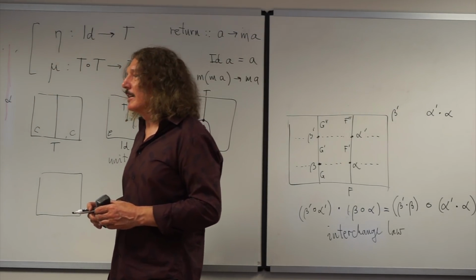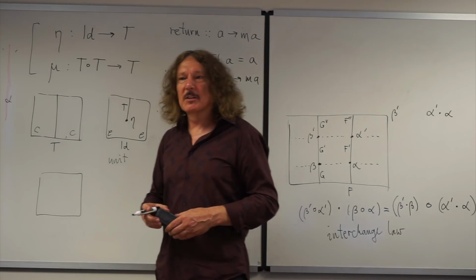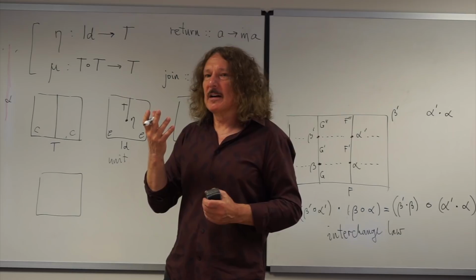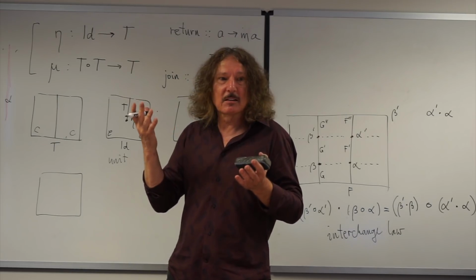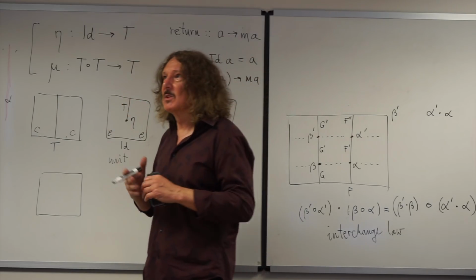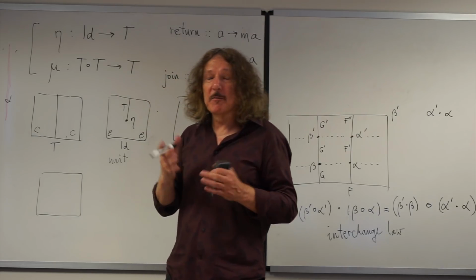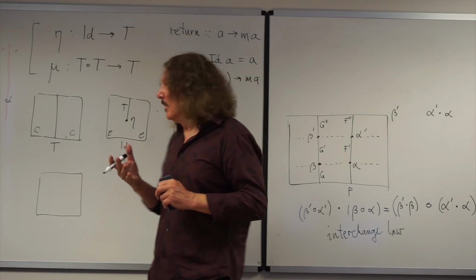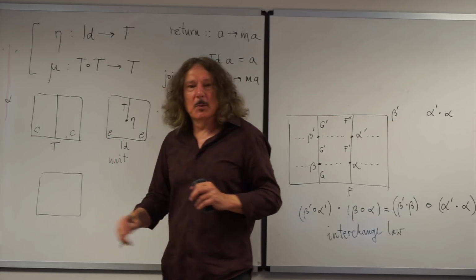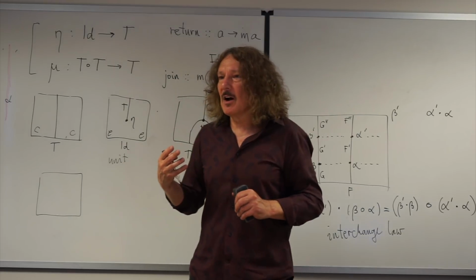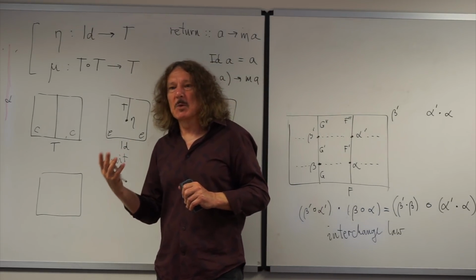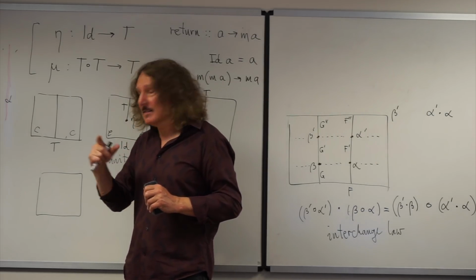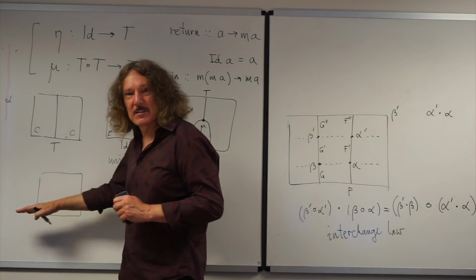And in a monoidal category, you can draw... what do you have in a monoidal category? You have a unit object, okay? And you have a way of multiplying objects. It's called a tensor product, okay? So using string diagrams, you can draw diagrams in a monoidal category by using the tensor product horizontally.